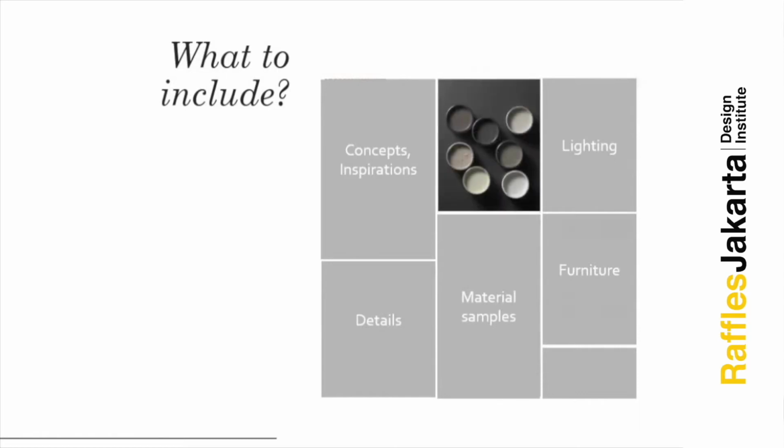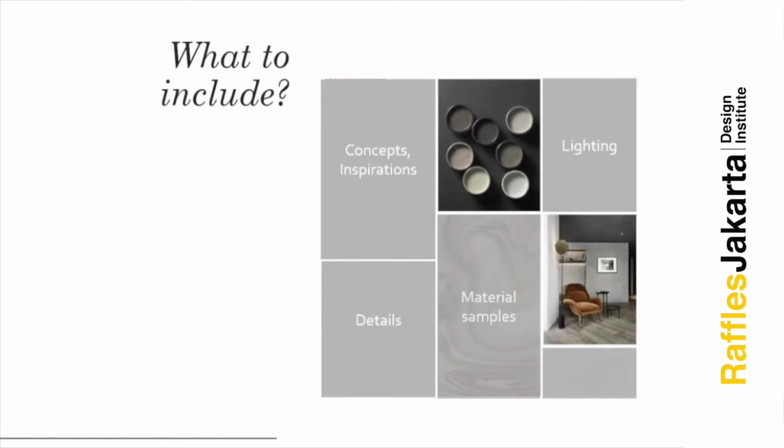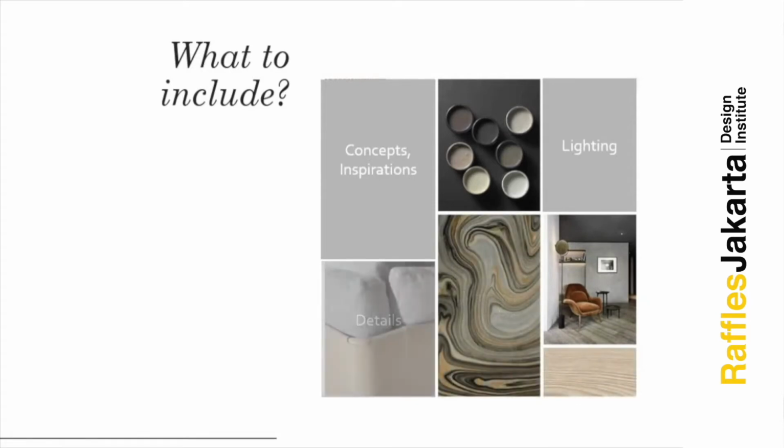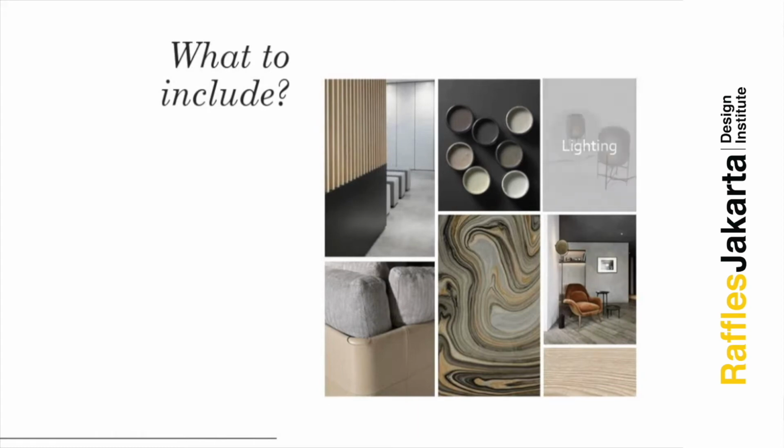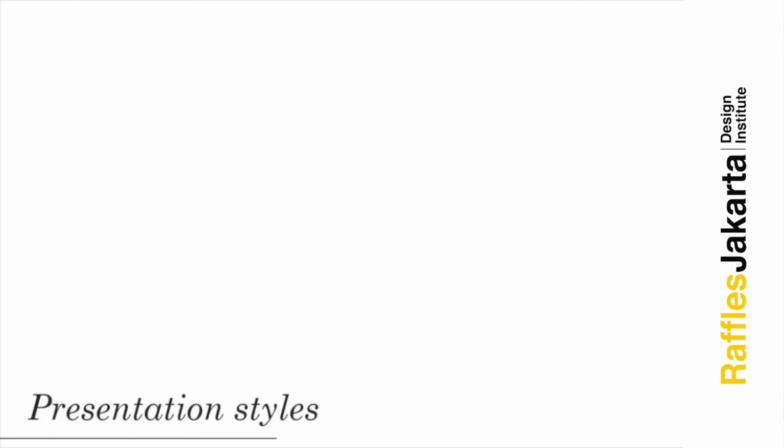Now the question is what to include in your mood board. In your mood board you can include color palettes, furniture pieces, material samples, details, concept and inspiration images, lighting, and so on and so on. When it comes to presentation styles, you can go two ways.